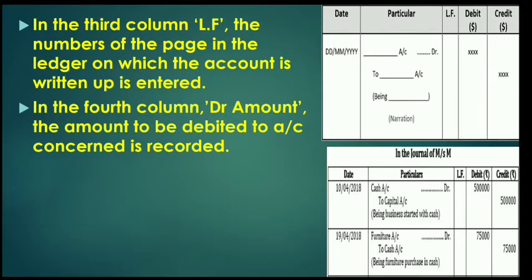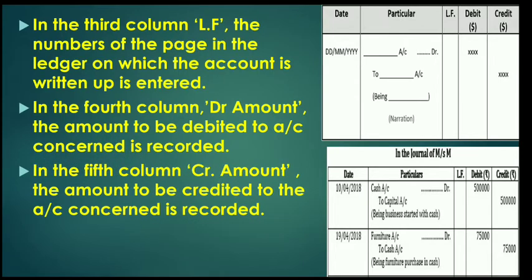So we generally write the cash account debited, and then how much amount is debited. So in the fourth column, debit amount, the amount to be debited to the account concerned is recorded. Similarly, in the fifth column, credit amount, the amount to be credited to the account concerned is recorded. So these are the 5 columns to be maintained in the book of journal.